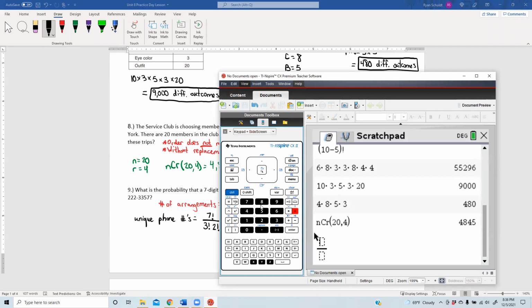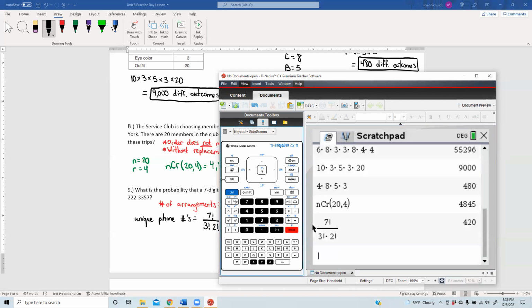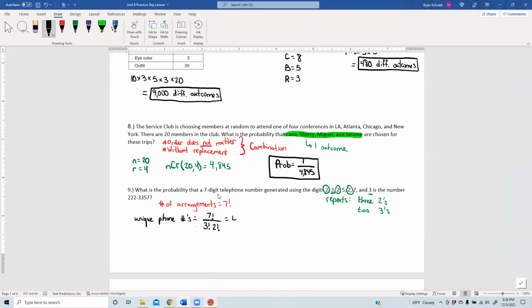So 7 factorial divided by 3 factorial times 2 factorial. 420, so 420.